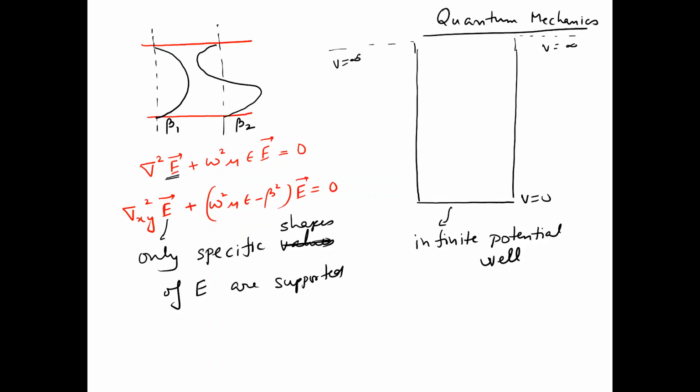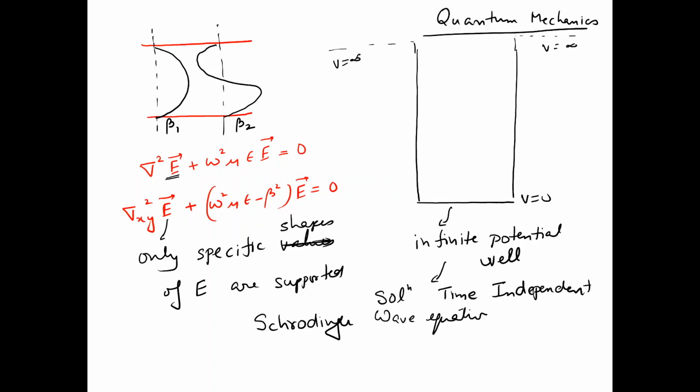The solution you're looking for there is a solution of the time independent Schrodinger wave equation, which is basically minus h square by 2m, h being the Planck's constant, del square psi plus (V minus E) psi is equal to 0.